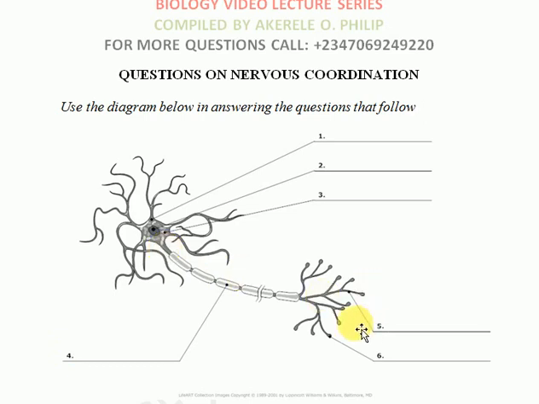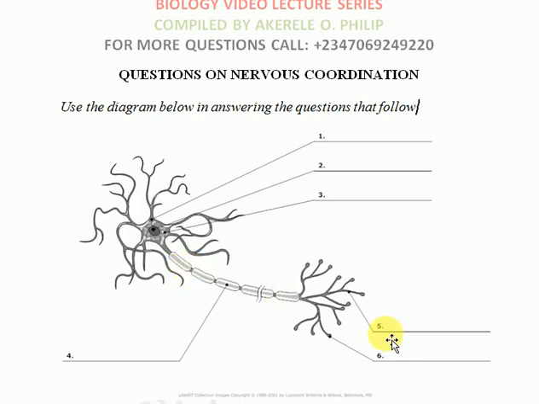Alright, so this whitish thing that covers the axon, which is not labeled, is called myelin sheath.